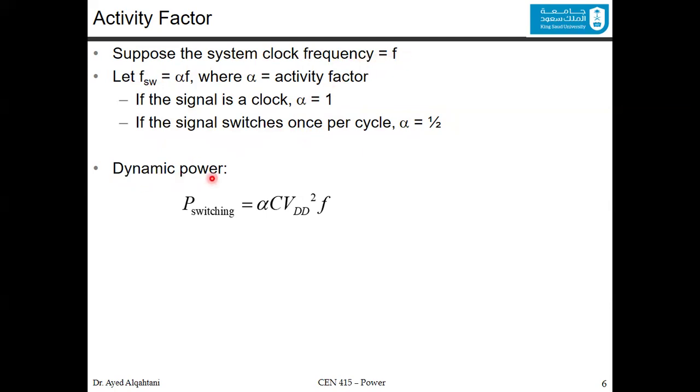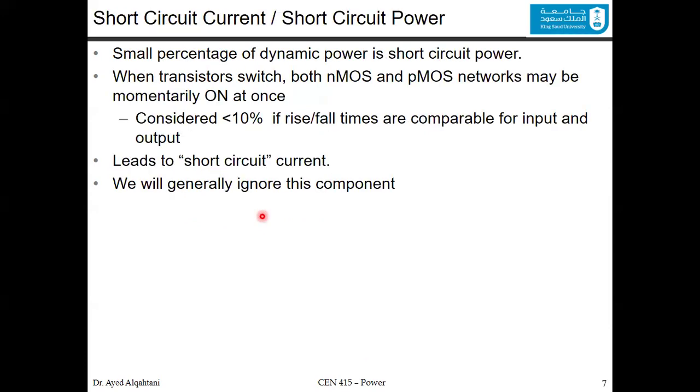Now the dynamic power equation, or the switching power equation, is alpha C V squared times F, where F is the system clock frequency. And now we need to find alpha whenever we have a specific gate. But before we do this, let's talk about the second type of dynamic power, which is the short circuit power, or based on the short circuit current.